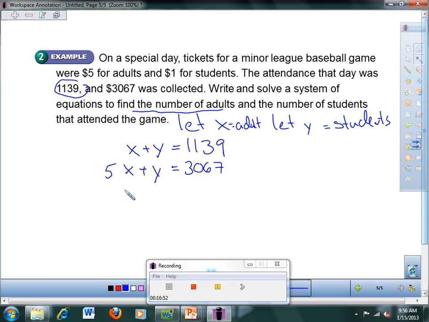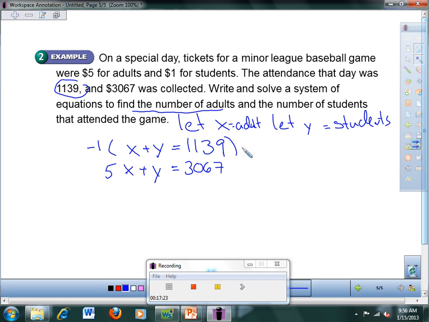So now probably what I want to do before I add them is change something into a negative. Which do you think would be easier to change into a negative? Top or bottom? Top. Let's change the top into negative, and all I really have to do here is multiply this whole equation by -1.